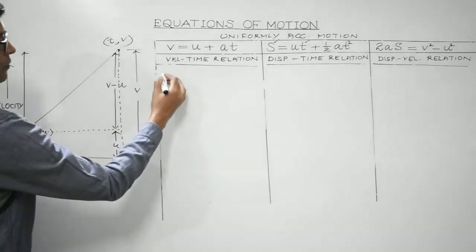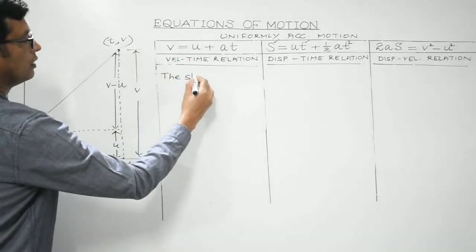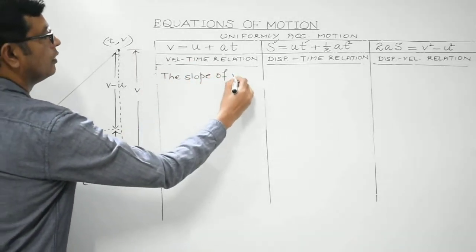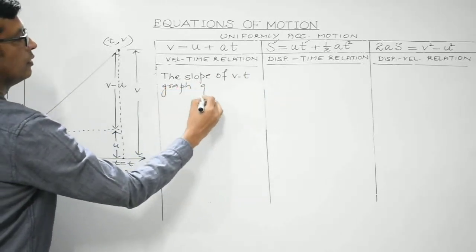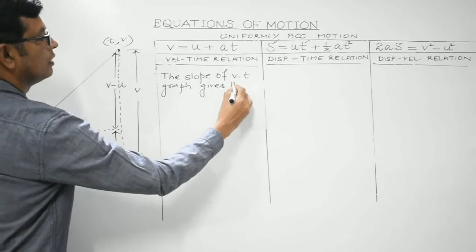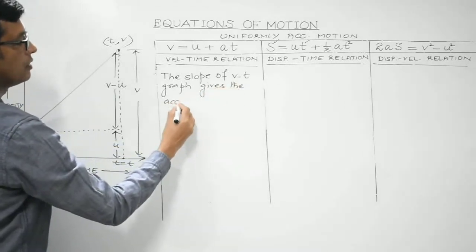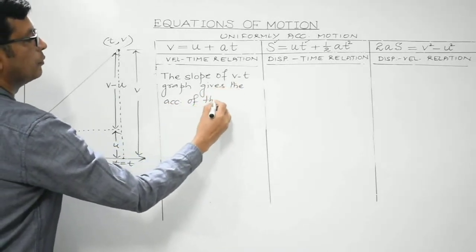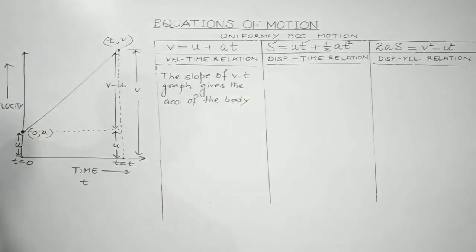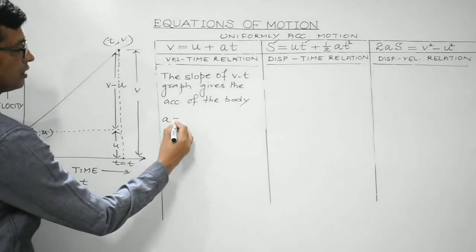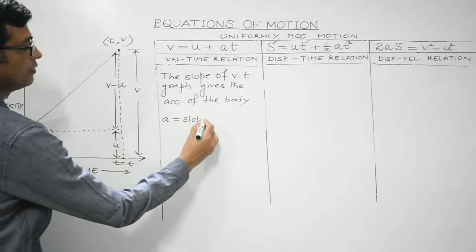Velocity time graph. We know that the slope of the velocity time graph gives the acceleration of the body. So we need to find out the slope. So acceleration is equal to the slope of the graph.